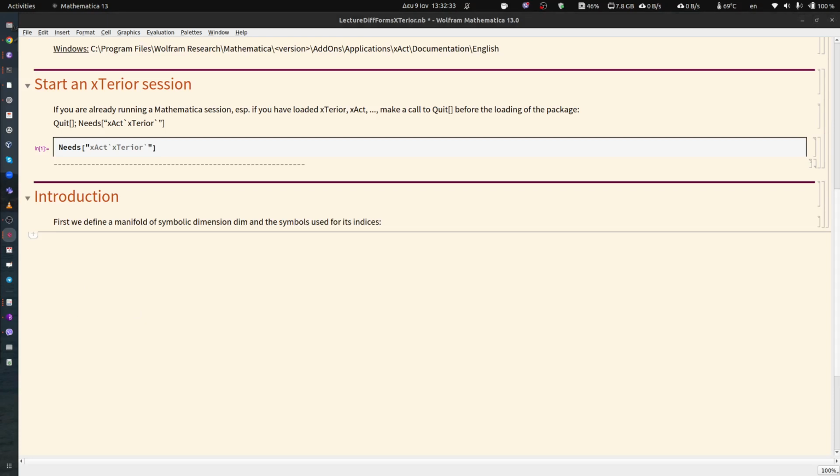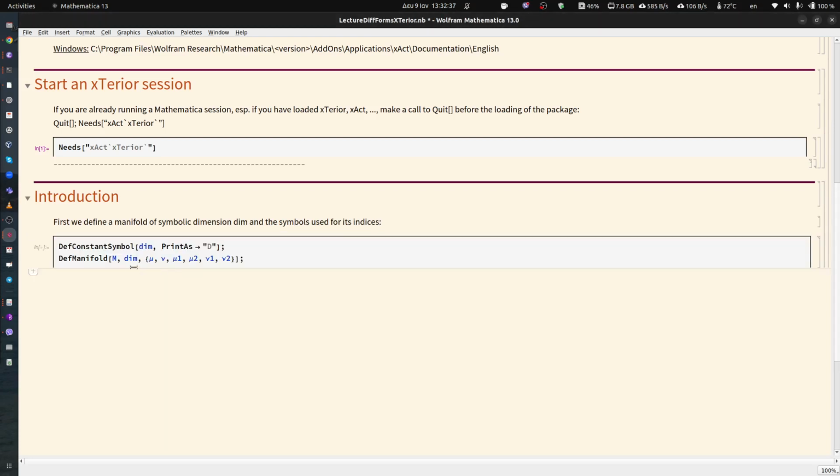So the first thing we have to do is to define a manifold. In this case, where we don't want to specify its dimensions or a chart and do just general calculations with differential forms, we can use a manifold that has a symbolic dimension, and we use DIM as the symbol for it, which is not given any particular value.